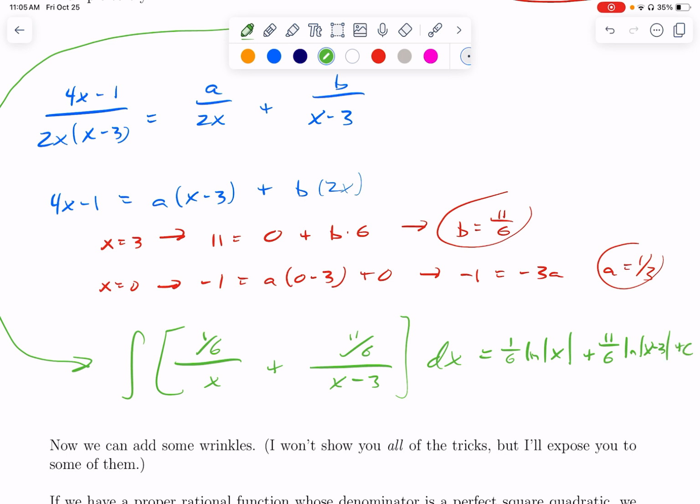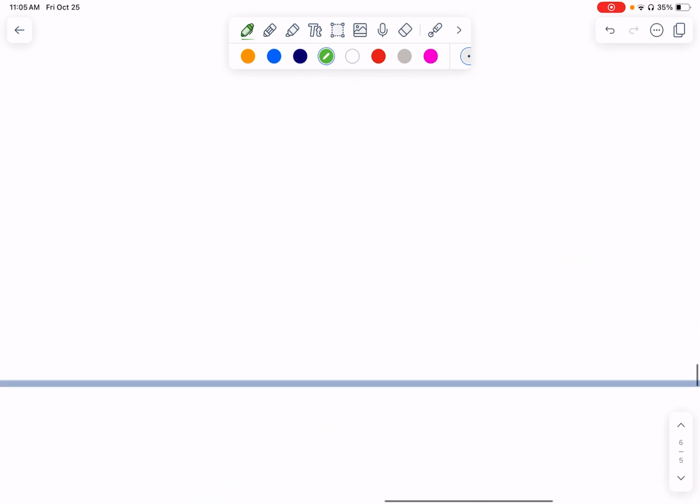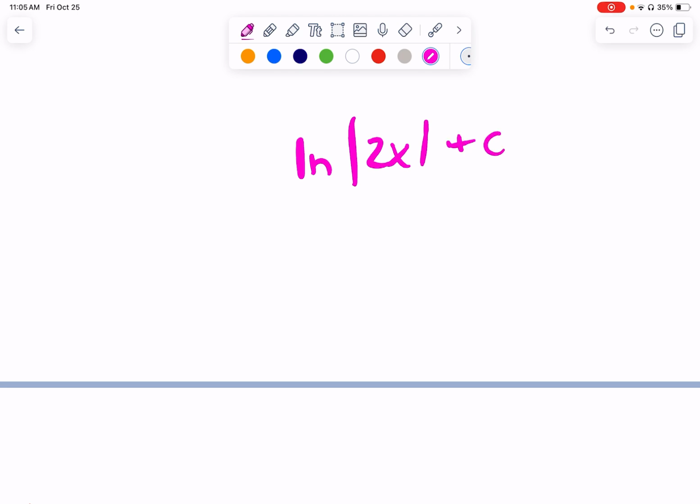If you did this another way, you might have had a 2x in there. And here's something I just want you to be aware of. This seems not right, but the natural log of 2x plus c and the natural log of x plus c are actually the same.